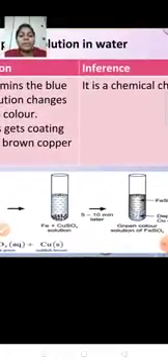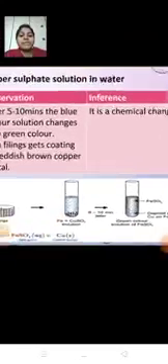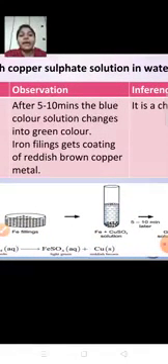So when you put iron filings in copper sulfate solution, we can observe. Let's see the observation. After 5 to 10 minutes, we observe that the blue color of the copper sulfate solution changes into green color, and the iron filings get a coating of reddish brown copper metal.